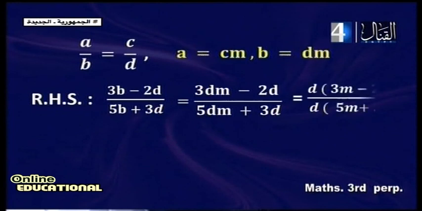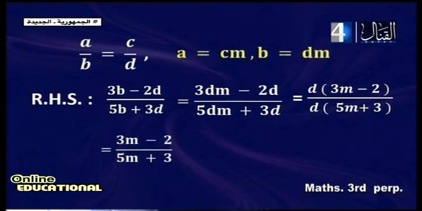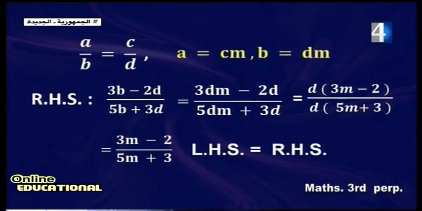By taking D as a common factor, it is D multiplied by (3M minus 2), over D times (5M plus 3). By reducing D with D, you obtain (3M minus 2) over (5M plus 3). By comparing the left-hand side and the right-hand side, you notice that they are equal.